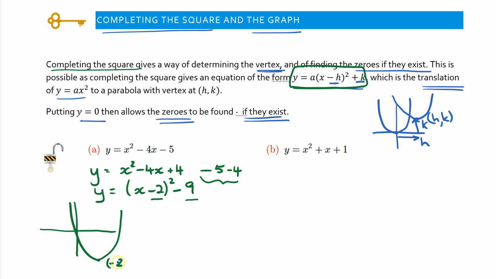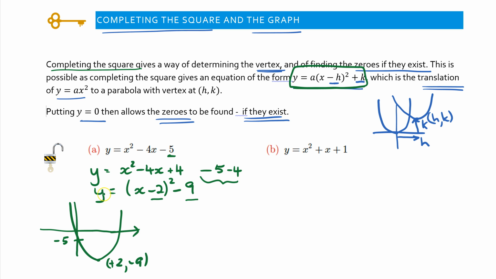Plus 2, minus 9. I should have been a little bit more careful about where it cuts the y-axis, but we can see it cuts the y-axis at -5. Where does it cut the x-axis? Well, I could have just gone back and factorised this, as I always could do, or I can put y equals 0.